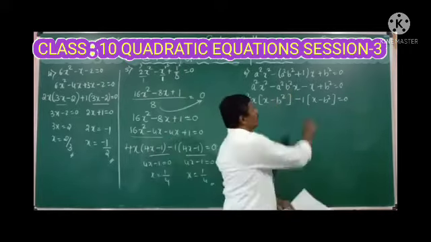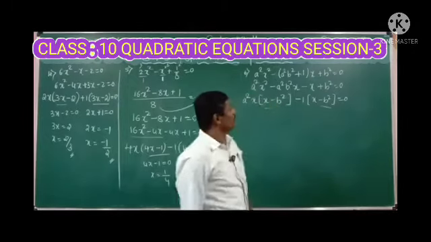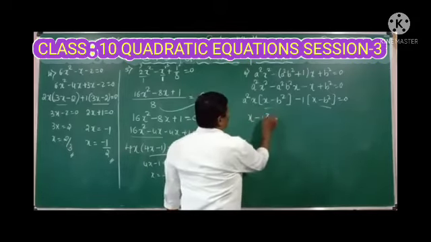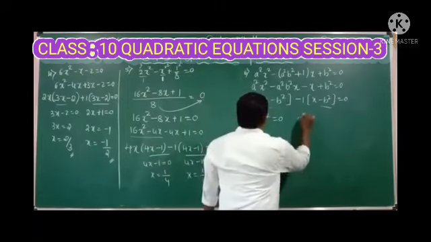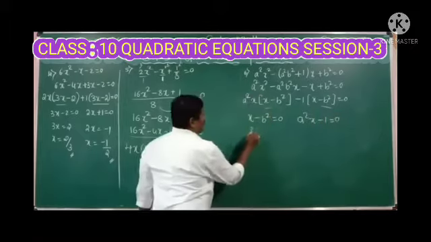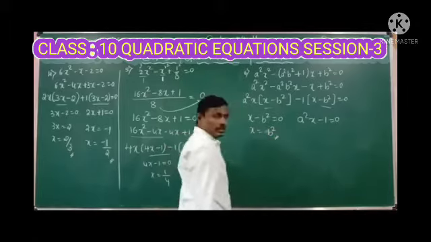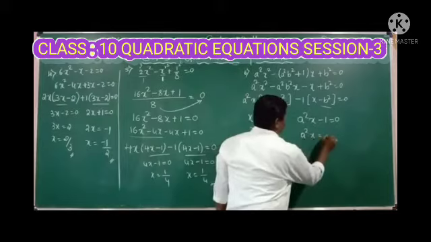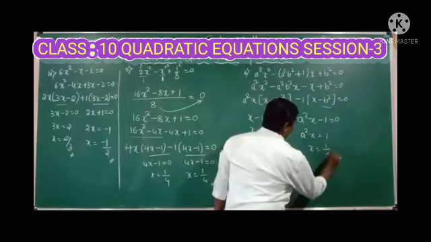In the last two terms, minus 1 is common, so the two terms repeat again. Take those two terms: x minus b square is equal to 0. One term is equal to 0: a square x minus 1 is equal to 0. Now x is equal to b square, and a square x is equal to 1, so x is equal to 1 by a square.